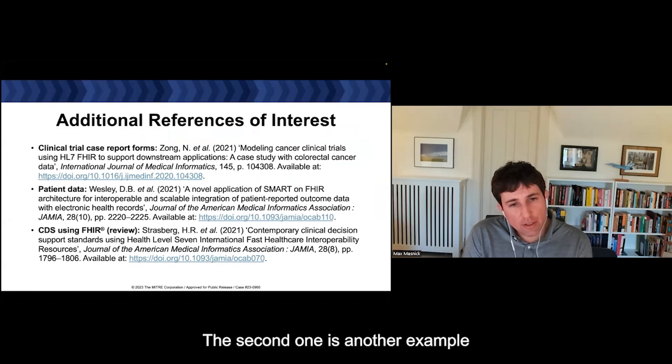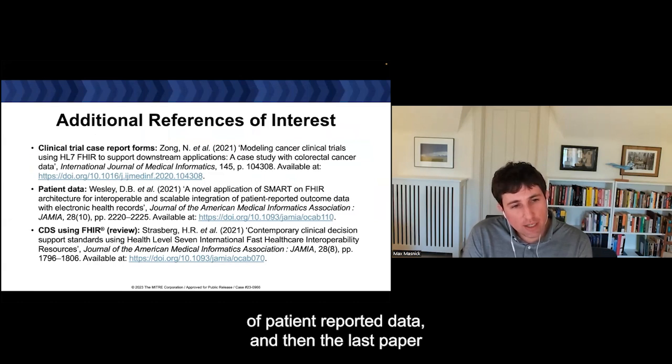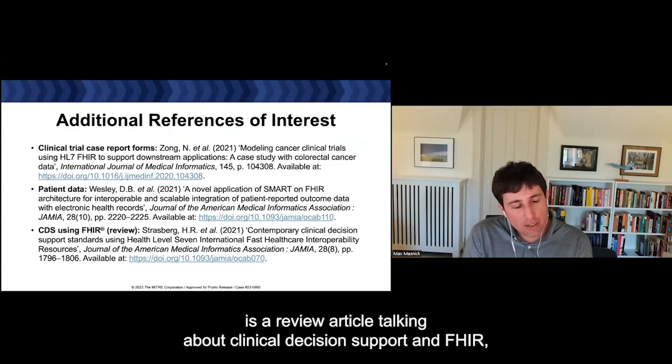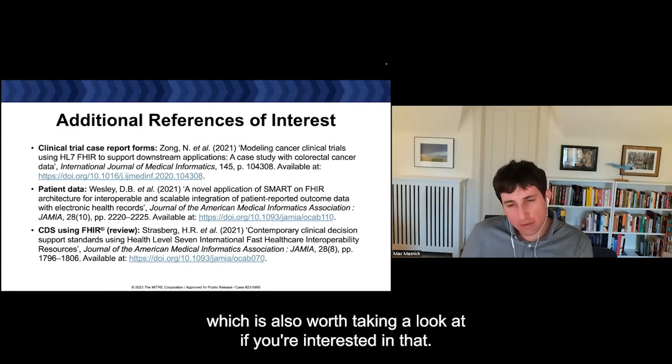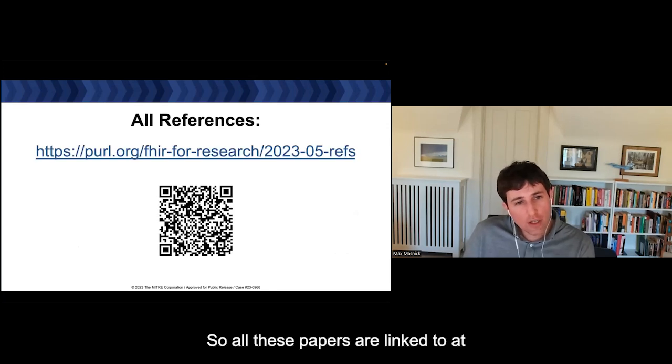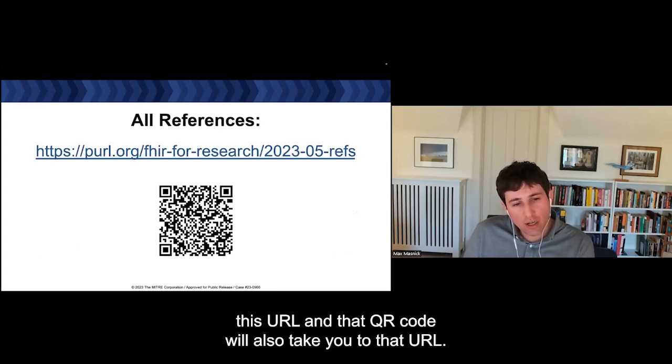The second one is another example of patient-reported data. And then the last paper is a review article talking about clinical decision support in FHIR, which is also worth taking a look at if you're interested in that. So all these papers are linked to at this URL, and that QR code will also take you to that URL.